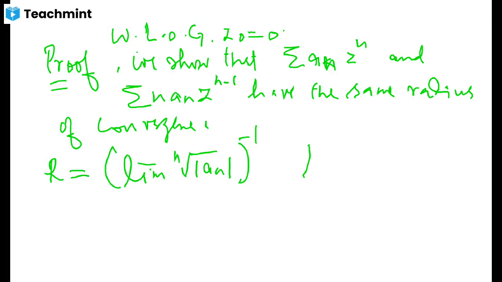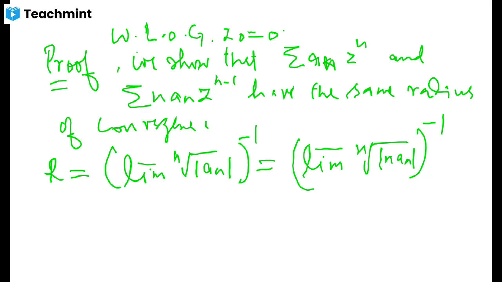That means for that I need to show that this limit of the nth root of, what are the coefficients now? In the second power series, the coefficients are n a_n. I need to show that these two values are equal, because the second limit on the right hand side is the formula for the radius of convergence of the differentiated power series, this one.